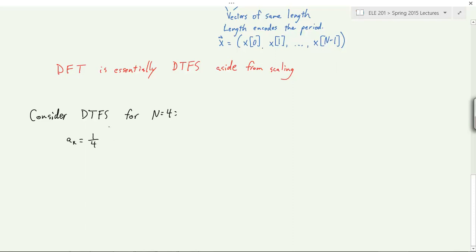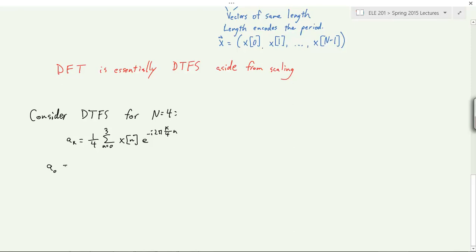But if you plug in N equals 4, it's precisely the following. Okay, so here's how you calculate the coefficients, but we can write that out. There's only 4 of them that we need. Remember, we only need the first 4 to do the inverse.